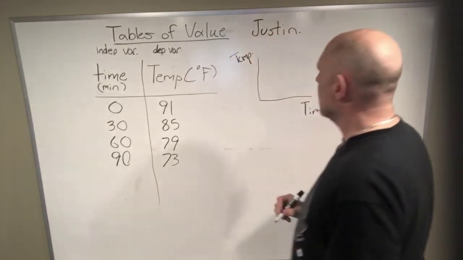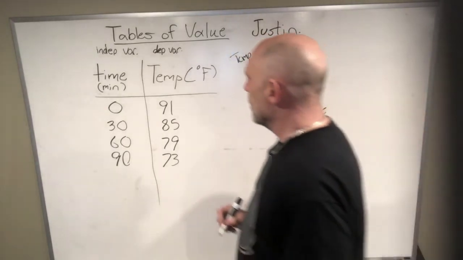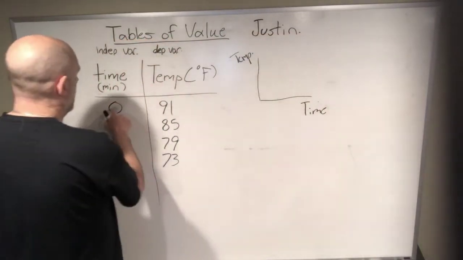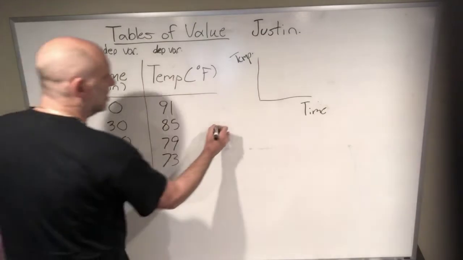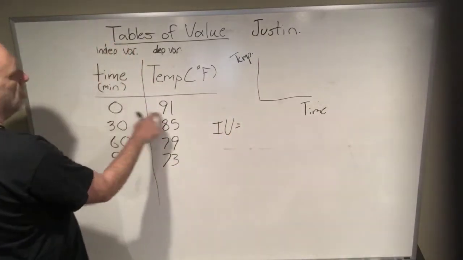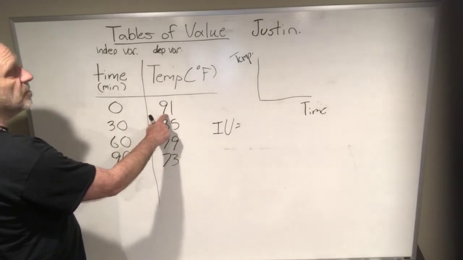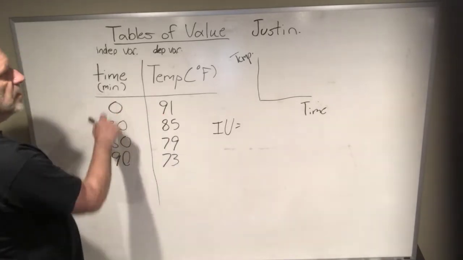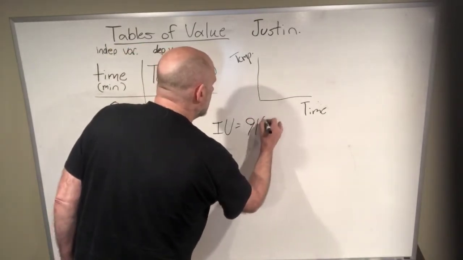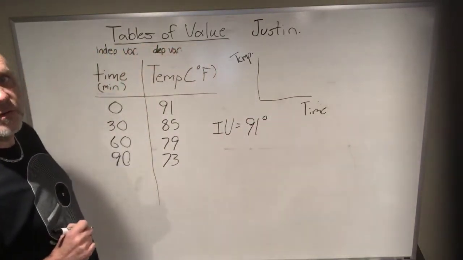Okay? And when time is 0, whenever we start the count, that's the initial value. And the initial value is always whatever the dependent variable is when the independent is at 0. So it's 91 degrees. Always good to include the units.